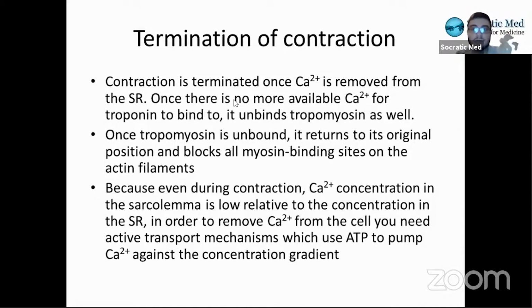Since there's no active transport, the calcium just stays in the cell, and the myosin binding sites are not blocked by tropomyosin. So myosin can just stay attached to the actin filaments for a while until either the calcium dissipates or something else gets broken down, right? And eventually rigor mortis does end.